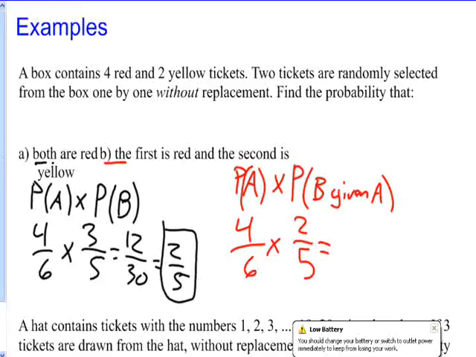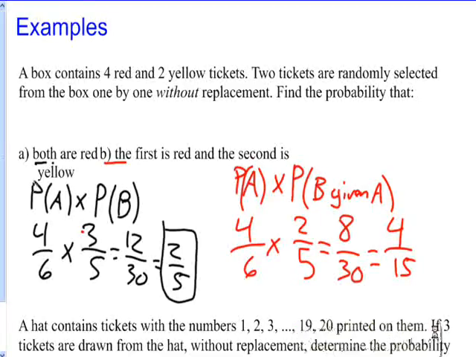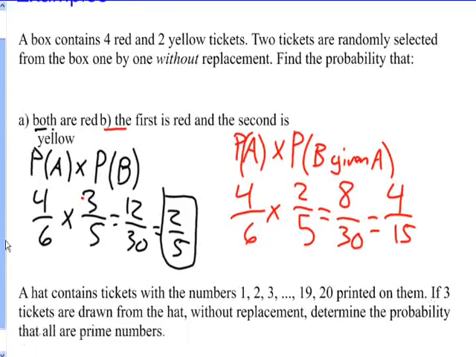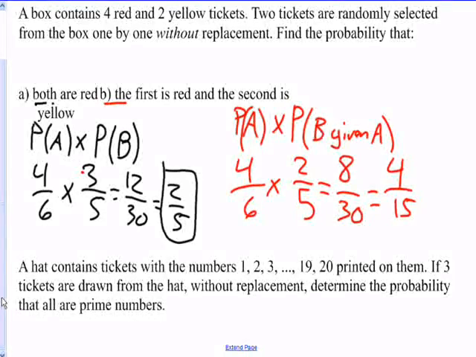So I'm still keeping the 2, unlike in my first problem where I actually subtracted 1 of my red tickets. So again, multiply across just fractions. I have 8 over 30, and that can be reduced down to 4/15. All right. It's a little bit harder to see how those intertwine, especially since they are dependent on each other. You have to understand how we're going to be getting from one event to another.